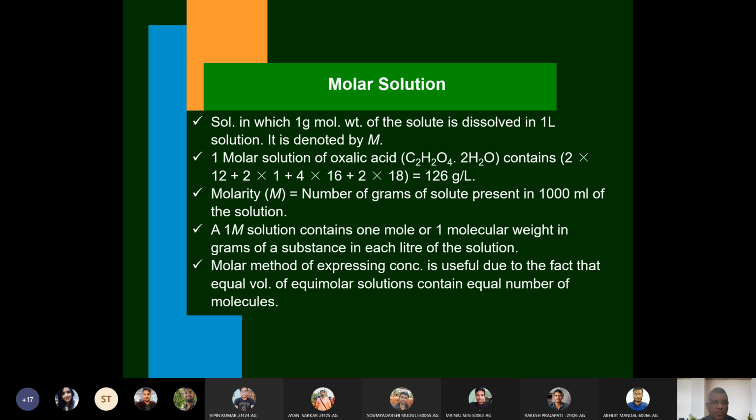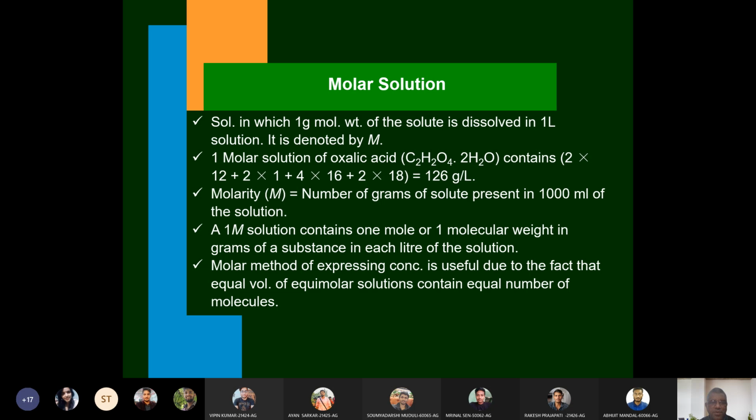So 1 molar solution of oxalic acid, you can work out the molecular weight or formula weight of oxalic acid, C2H2O4·2H2O. If you work it out, it is 126 gram per liter. So if 1 liter solution of oxalic acid has 126 gram of oxalic acid, then it is 1 molar solution.